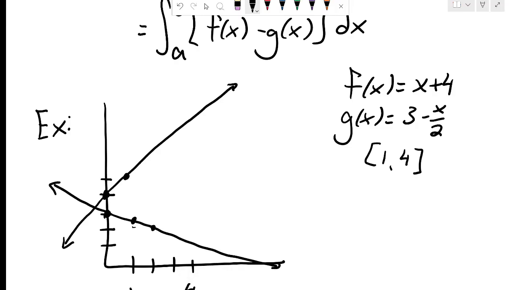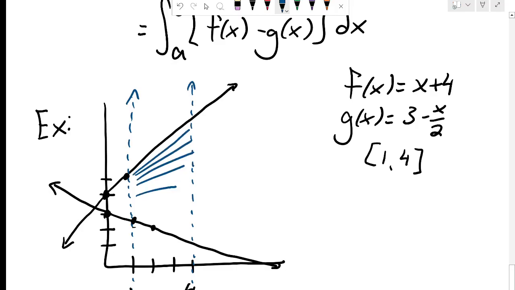But then we're also bounding it by 1 and 4, so we can imagine imaginary lines here that rope off this region. So ultimately, this is the region that we want to find the area of.